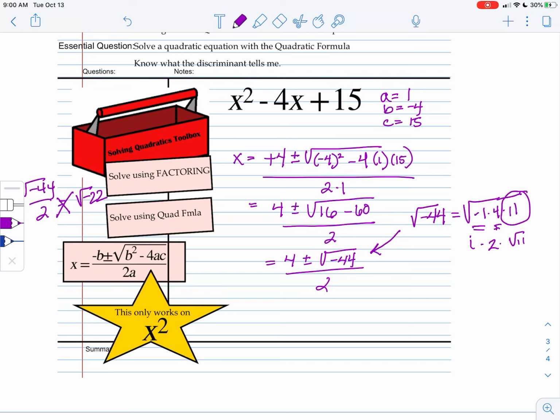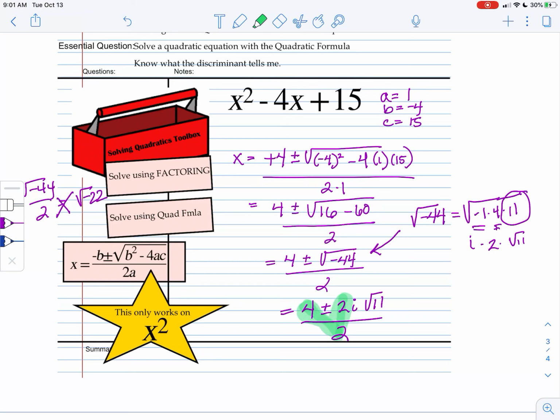So how do I write this out? My next step is I have 4 plus or minus 2i root 11 all over 2. At this point, I don't think you're quite as tempted to divide the 11 by 2. What you can do, now it is okay, is if you have both of these, look, it kind of makes a heart.